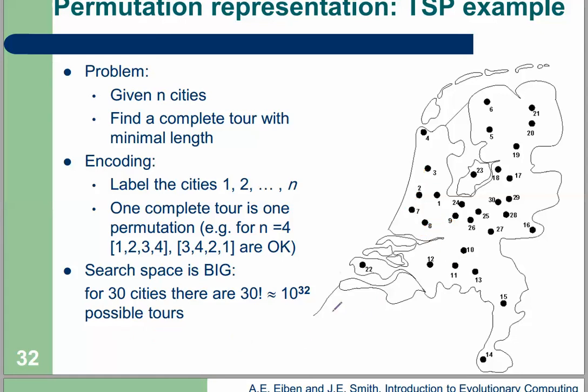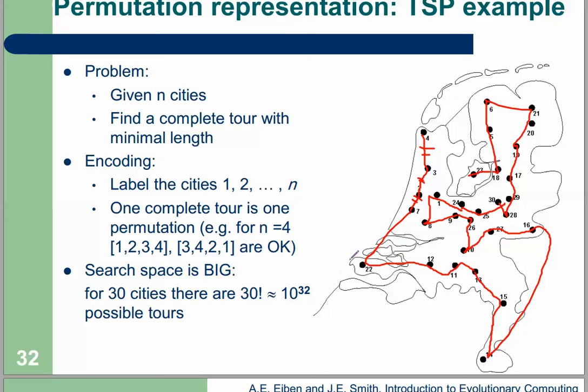The best chromosome, or the best solution, is the route with minimum distance. You have, for example, a distance between these two points, between these two points, and the best solution is the one where the postman or the salesman can go with the minimum distance value.